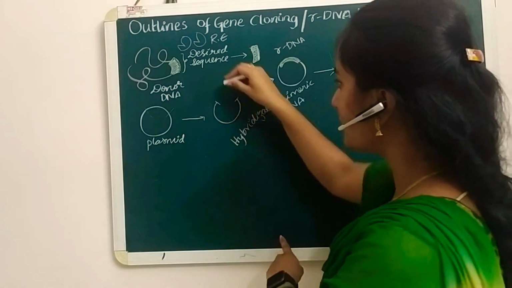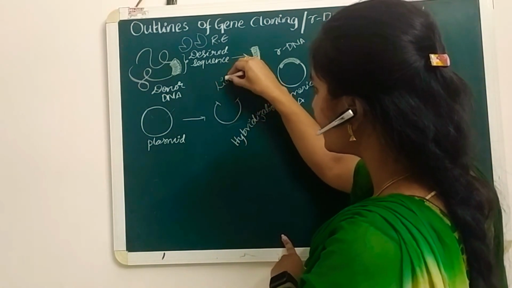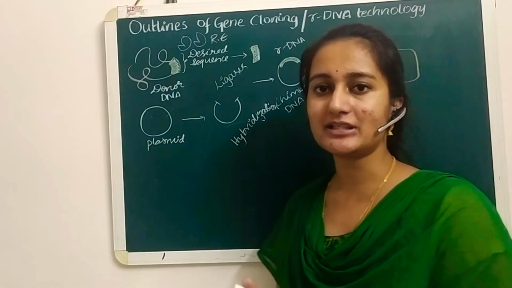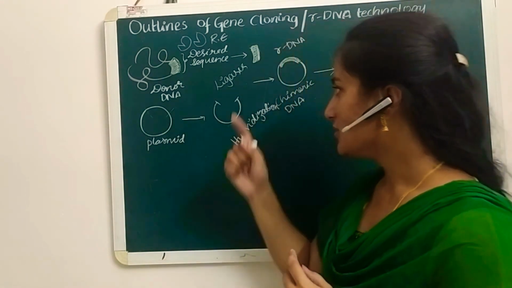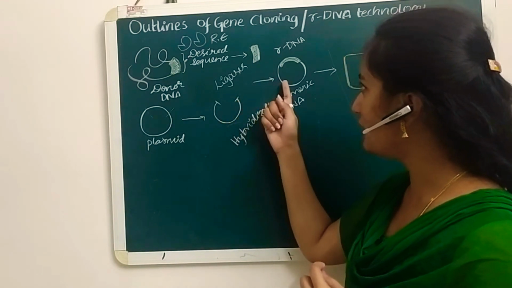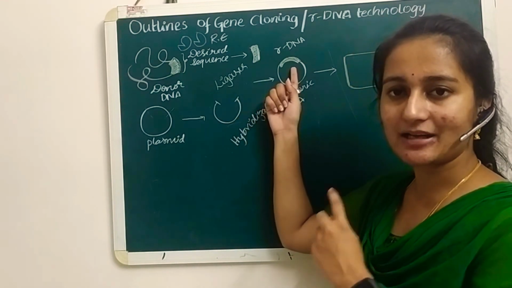For this process we require enzymes called ligases. Ligases have the specific function of joining any two parts. With the help of ligases, this DNA fragment is inserted into the vector, that is, a plasmid.